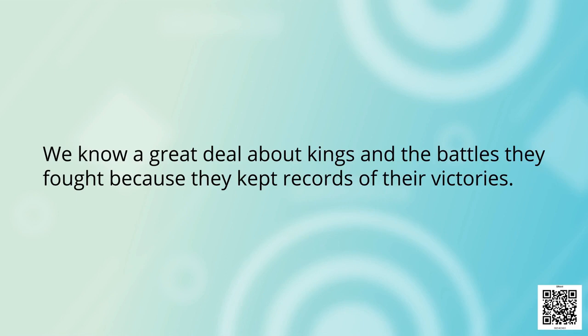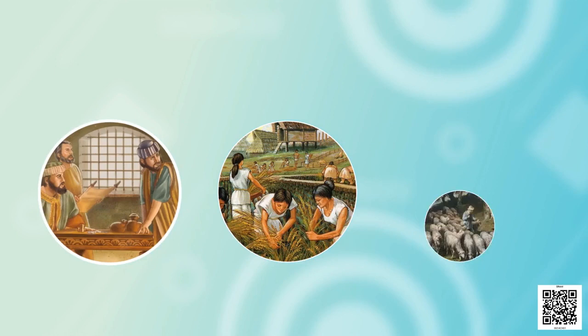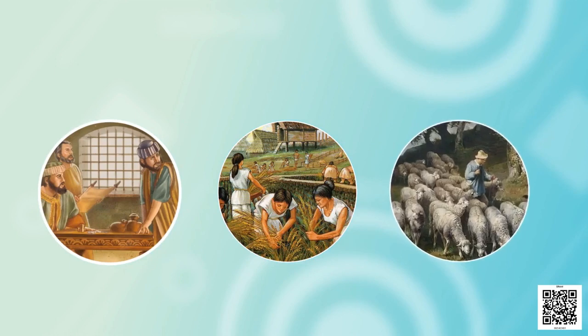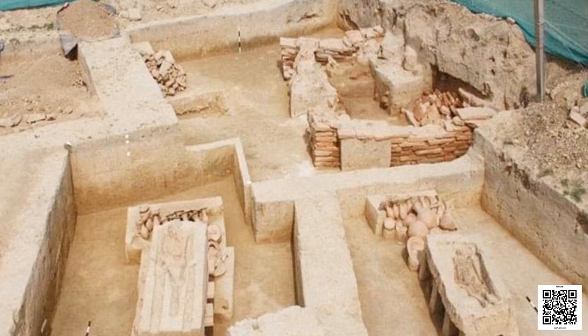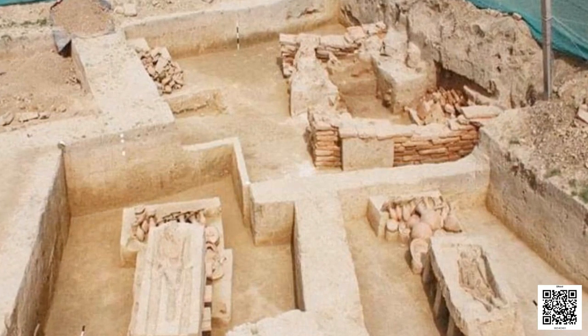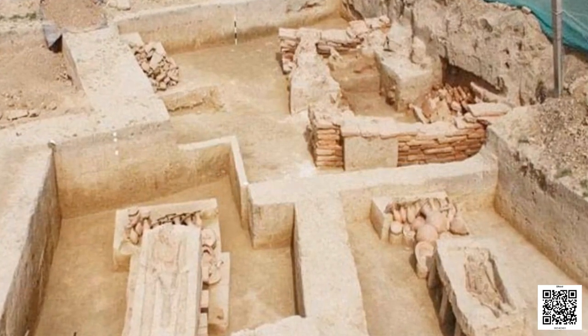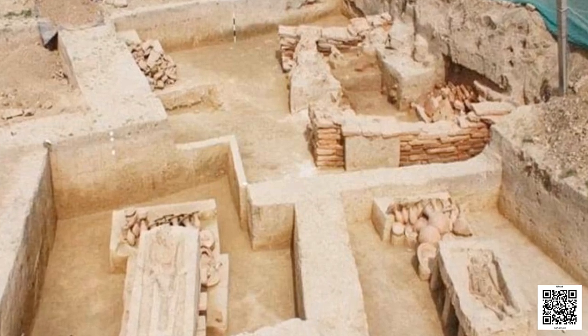Generally, ordinary people such as hunters, fishing folk, gatherers, farmers or herders did not keep record of what they did. While archaeology helps us to find out about their lives, there is much that remains unknown.